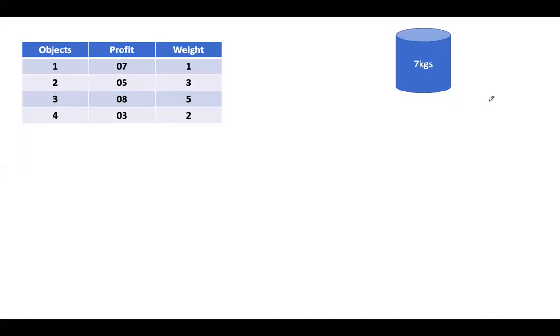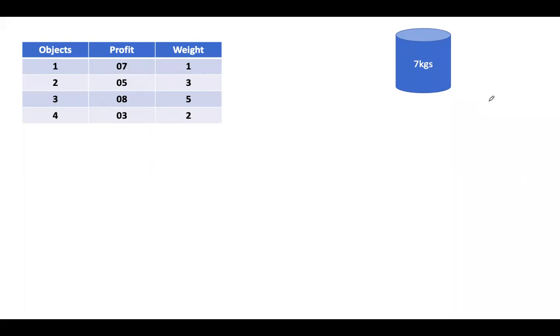Okay, see, ultimately profit should be maximum. If you take just object 1 and 3, that will lead to weight 6. Okay, we can take it. Profit will be 15. And objects 1, 2, 4: weight will be again 6.